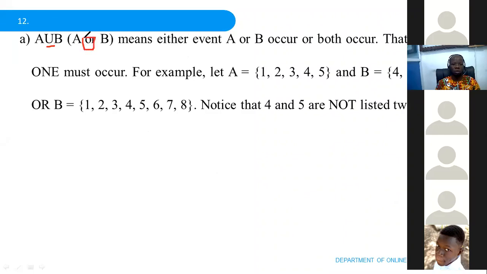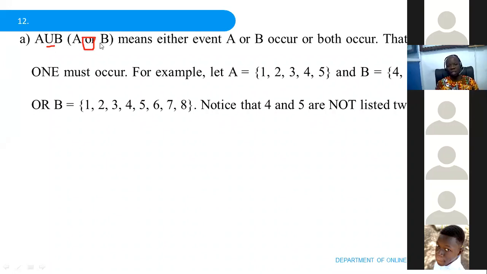So A union B means either event A or B occurs, or both occur. That is, at least one must occur. And in our diagrams, A union B gives us the number of A plus the number of B minus the number of A intersection B.